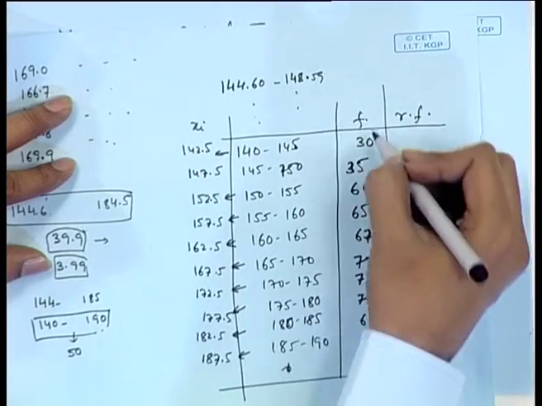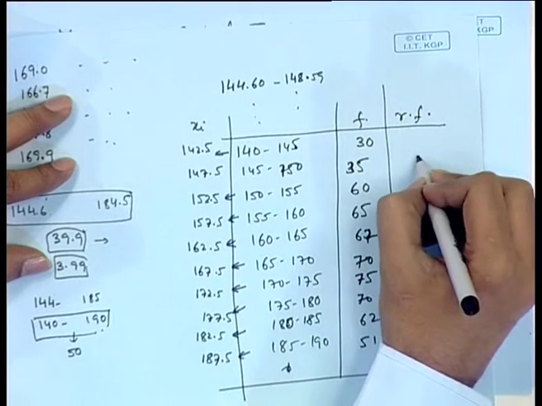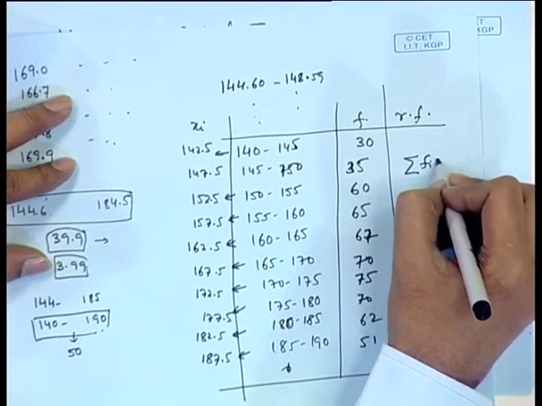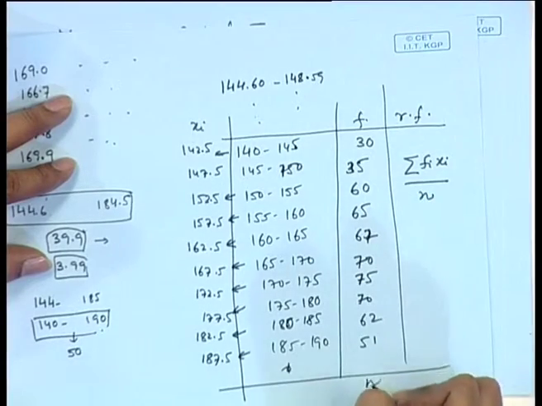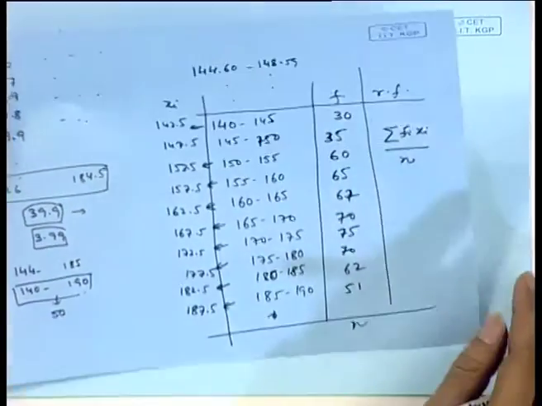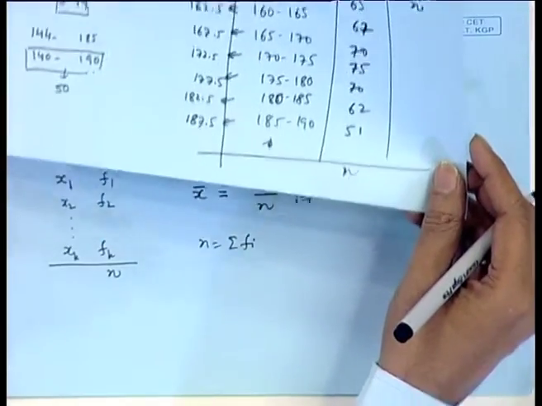If these are the x i values and these are the f i values, then again we can make use of the formula sigma f i x i divided by n, where n is the total frequency here. So, this is the formula for the arithmetic mean.